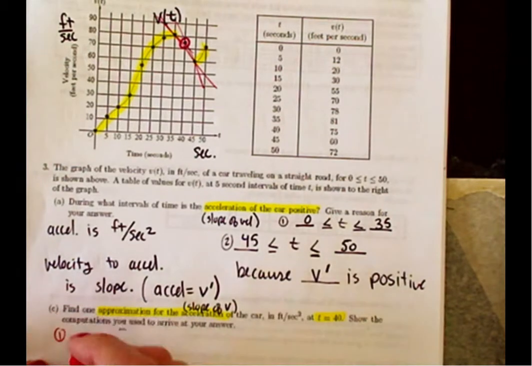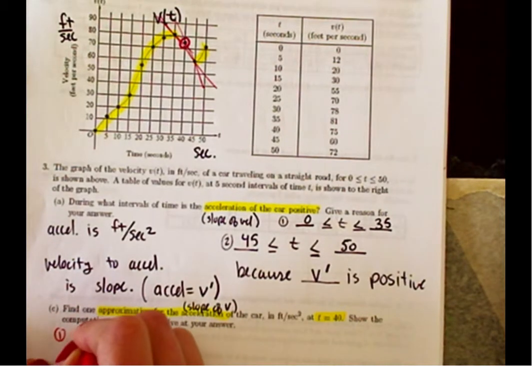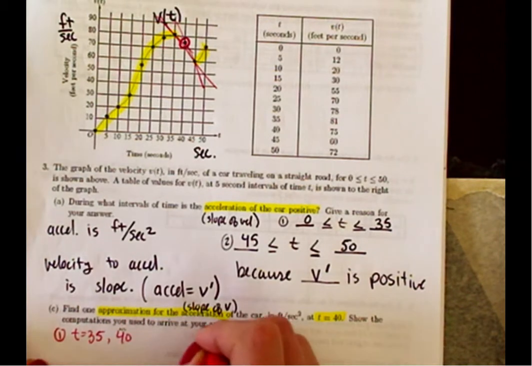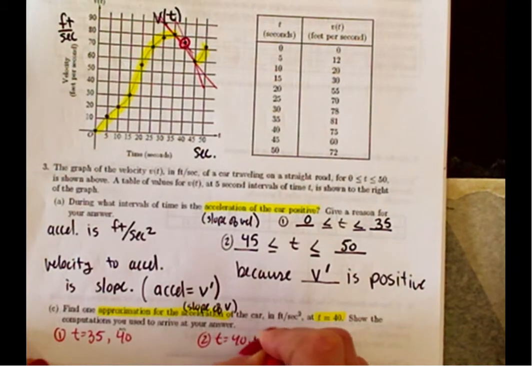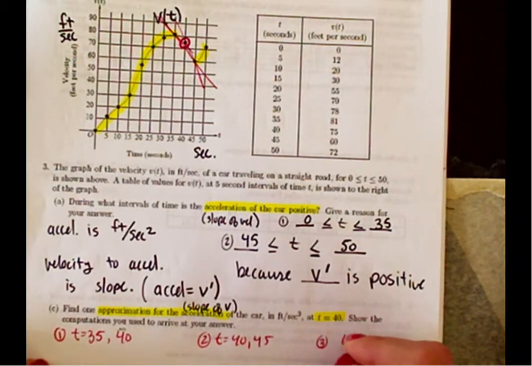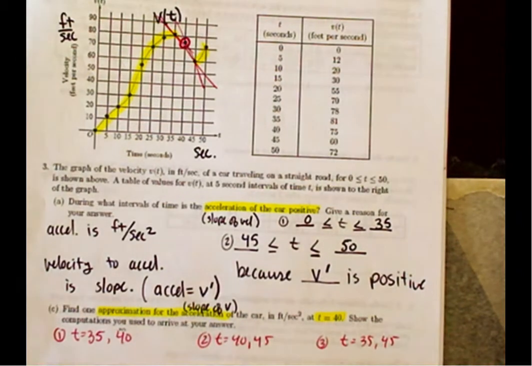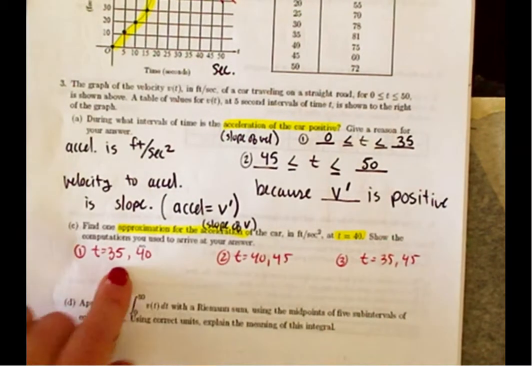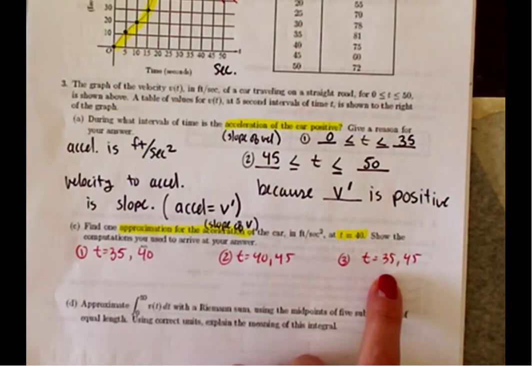Okay. So one, I'm going to do t equals 35 and 40. Maybe I do t equals 40 and 45. Maybe I do 35 and 45. Anything that surrounds the t equals 40. Little bit before, little bit after, a little bit around.